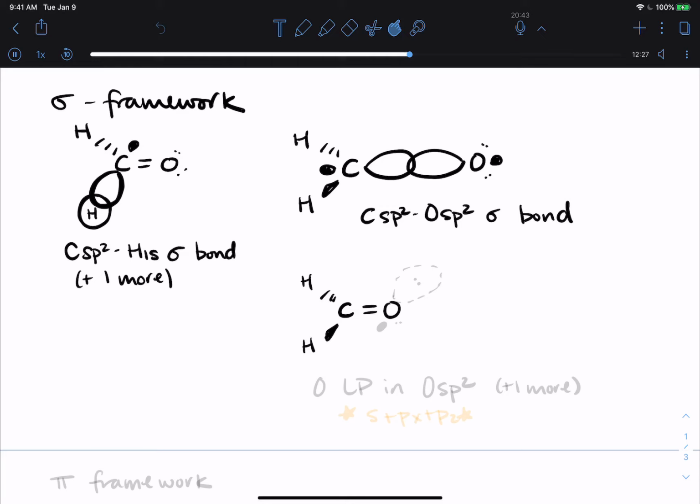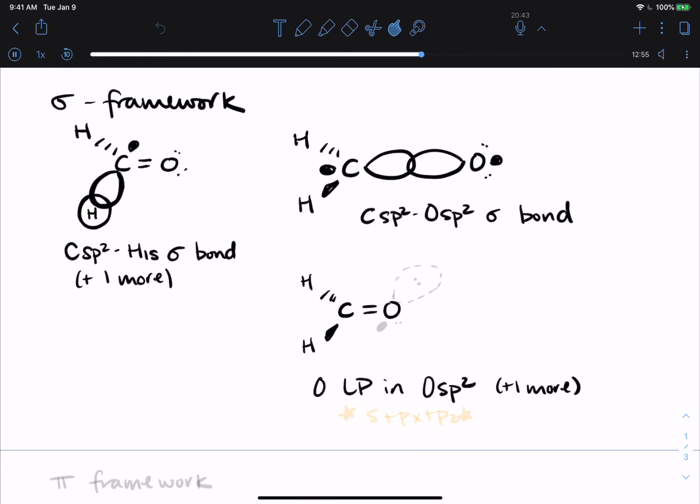But now that we have to draw an orbital on here, I need to make sure that orbital's pointed in the proper direction. So if I go back and check, my oxygen hybrids are in the XZ plane because I used px and pz to make these sp2s. So my oxygen lone pairs are going to be in oxygen sp2s. And I'm going to have one, so I'm going to do plus one more.